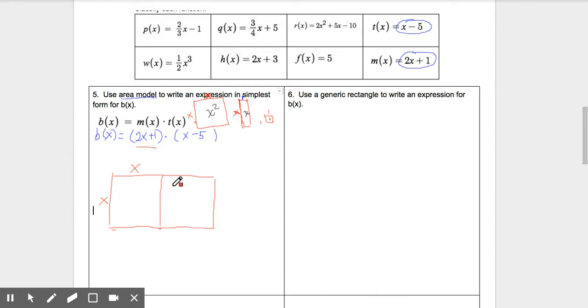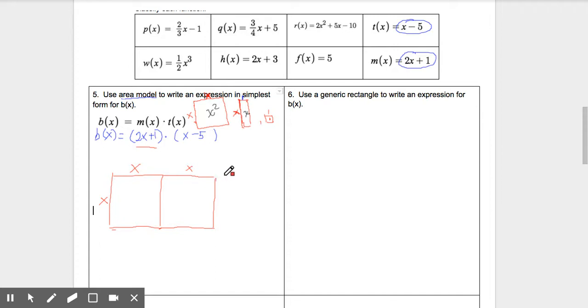So now I have a new rectangle where the length is, this is x, from here to here is x, and from here to here is also x. Therefore, the length is now 2x, and the width is still x. But we have to remember that the length of b of x should be 2x plus 1.